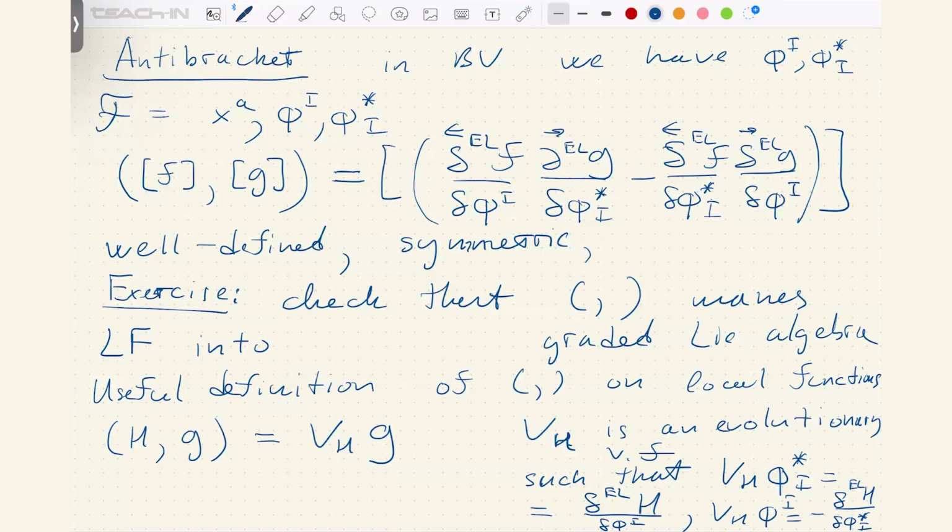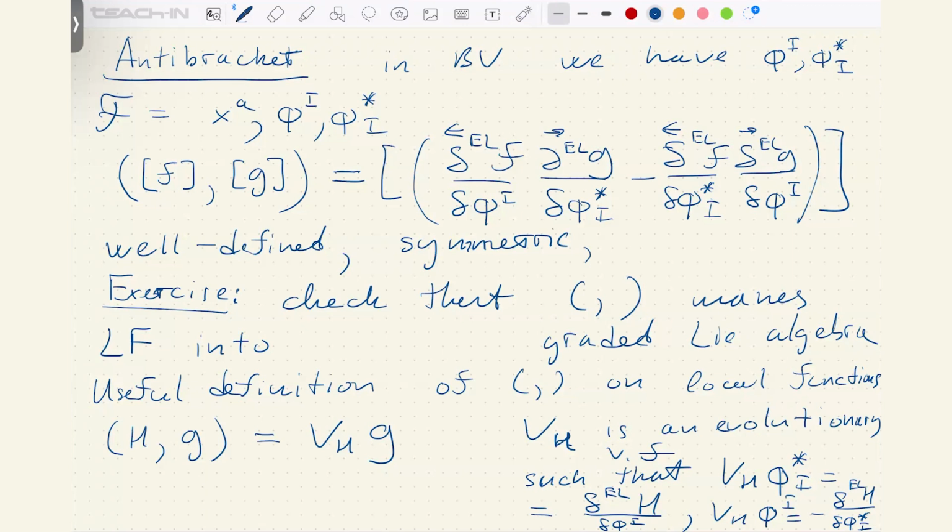Because it's an evolutionary vector field, it's enough to know how it acts on undifferentiated fields. And here we give the definition. It acts just like, in fact, in the bracket above. That's why they coincide on equivalence classes: just the Euler-Lagrange derivative of this function H with a proper sign.